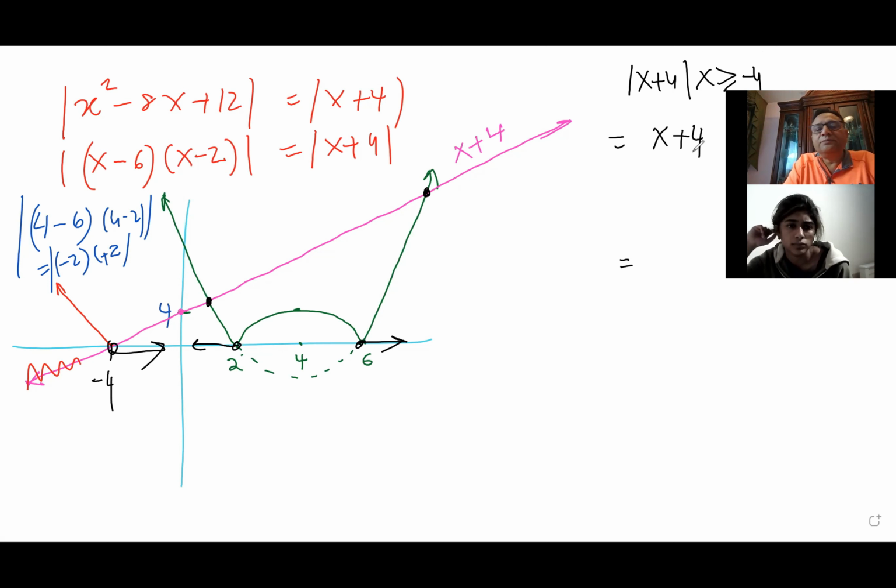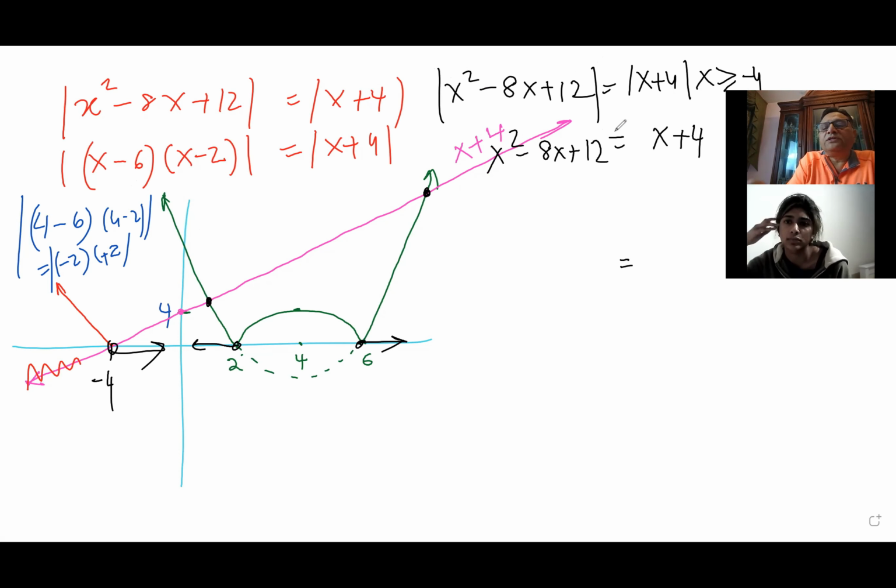And as far as the quadratic function is concerned, we are looking at the interval when the original graph is positive. That means it will remain positive, right? So it'll be x squared minus 8x plus 12. Is that clear? So this part is positive, means I'll write it again here, x squared minus 8x plus 12. So the equation to be solved is this equation. Is that clear to you?